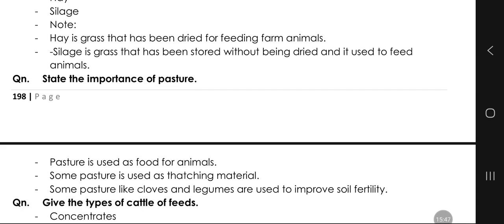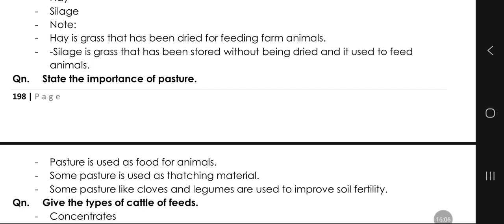Then the next is some pasture like cloves and legumes are used to improve soil fertility. So in case you plant your pasture, there are legumes. You know the legumes, they have root nodules. They have root nodules which have what we call nitrogen fixing bacteria that fix nitrogen in the soil.